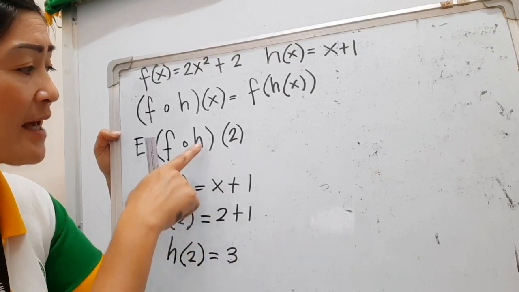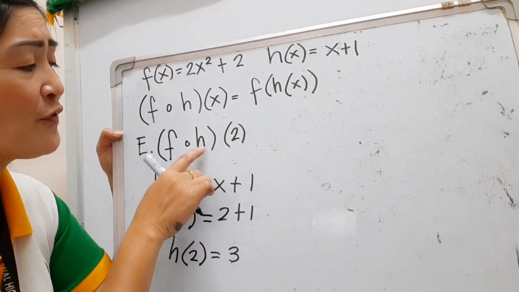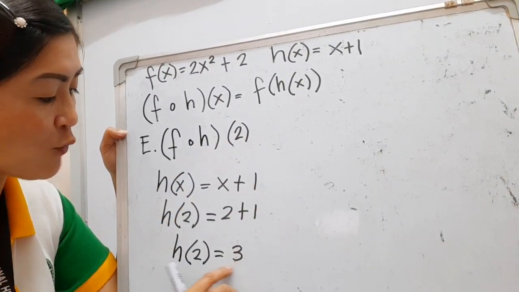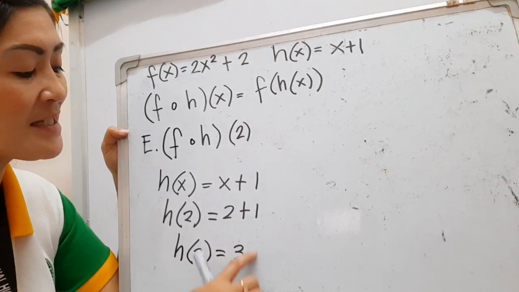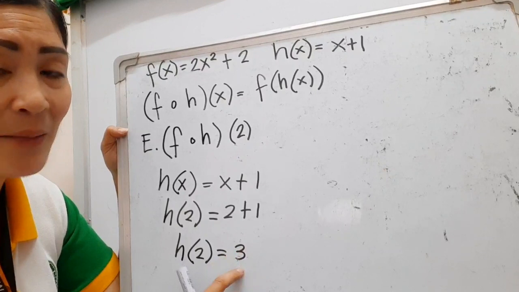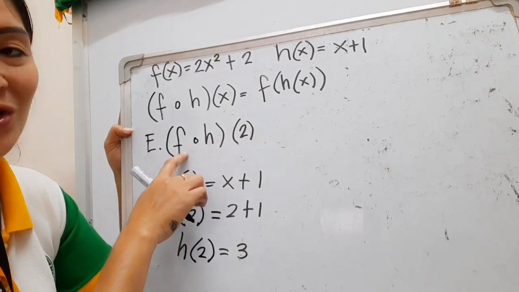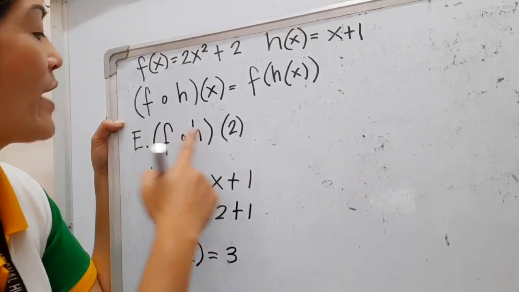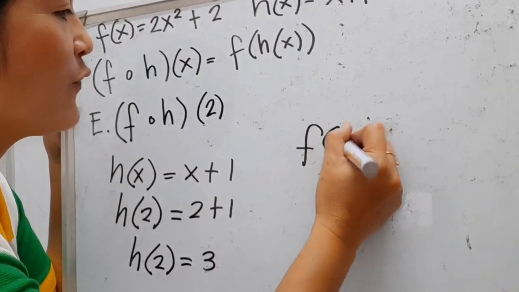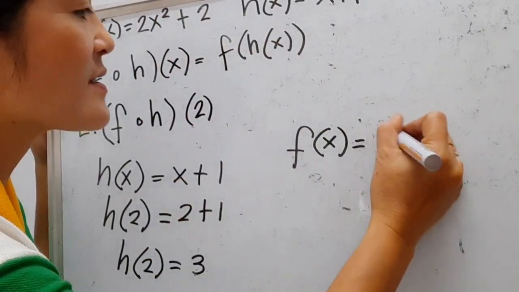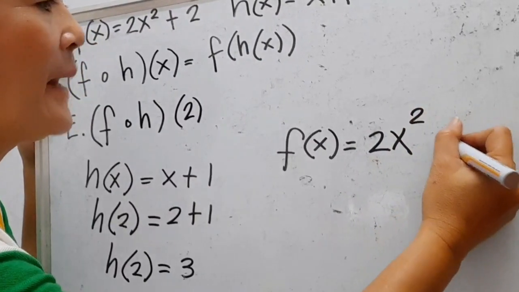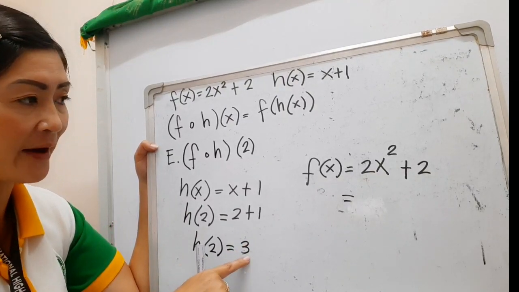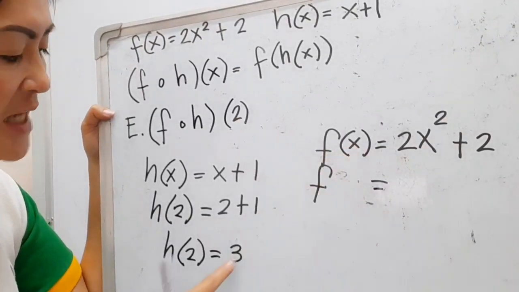So after evaluating h of x first, because h of x is much closer to the given value, then the value of h of 2, which is 3, shall be substituted to the given function f of x. So to continue, our f of x is equal to 2x squared plus 2. Our h of 2 is 3. We will now substitute x by 3.